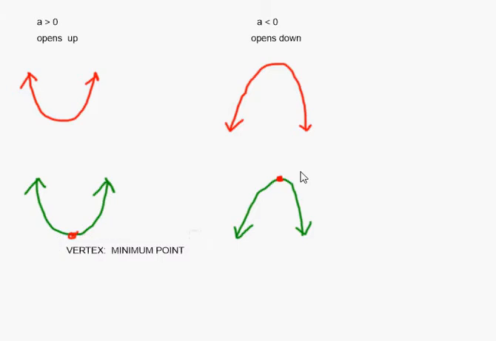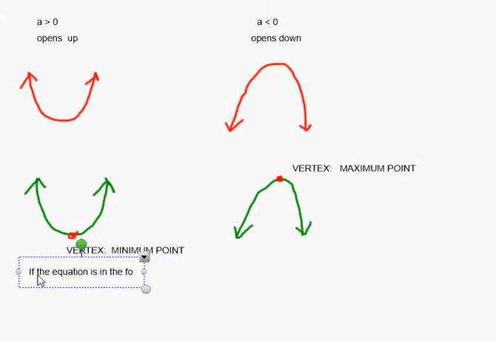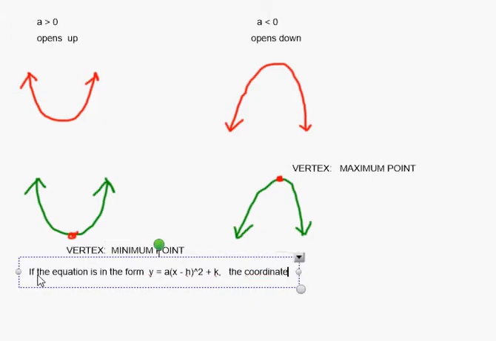If we have a parabola opening down, we have a maximum point called the vertex. Now, if the equation is in the form y equals a times x minus h quantity squared plus k, the coordinates of the vertex are (h, k).